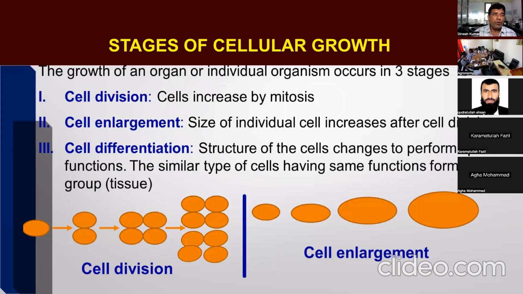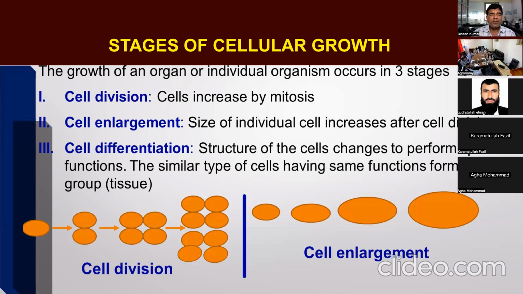So it is the role of the hormone that from simple stem cells, it has made the root cells. It has converted to the roots. So this is called cell differentiation, where the structure of the cells changes to perform specific functions. The similar type of cells having the same functions form a group. That is called tissue.